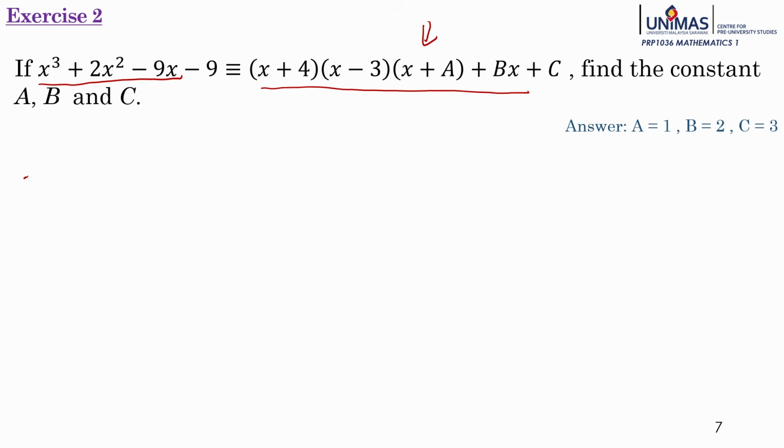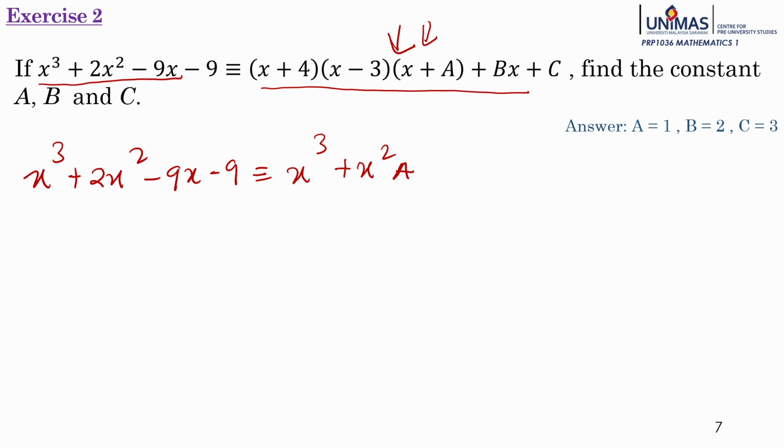We have x cubed plus 2x squared minus 9x minus 9 equal to, okay, you expand this one, you get x cubed plus ax squared plus x squared plus ax plus bx minus 12x minus 12a plus c. Now you want to find the value of a.